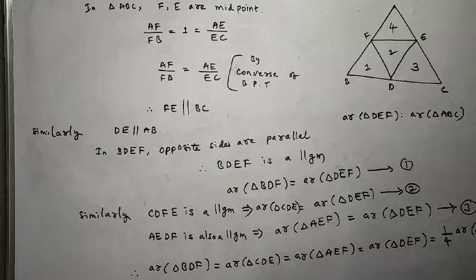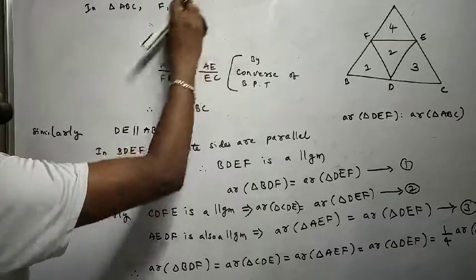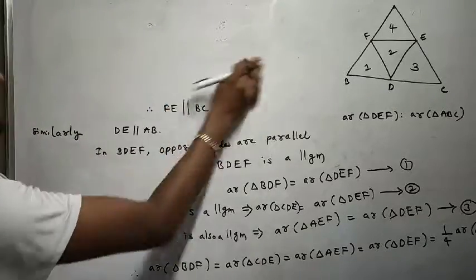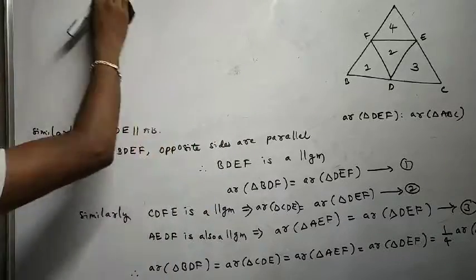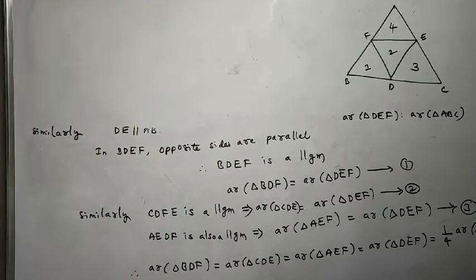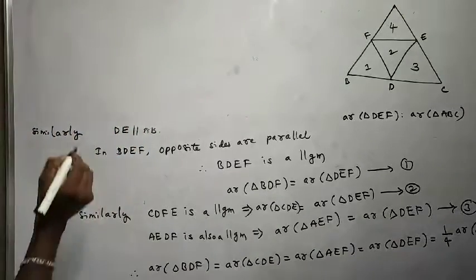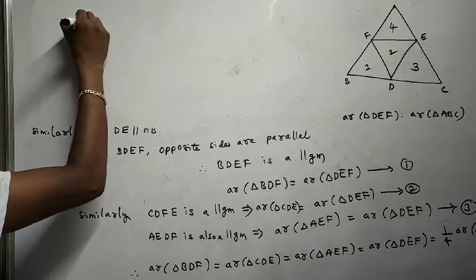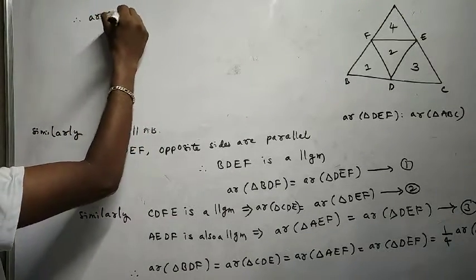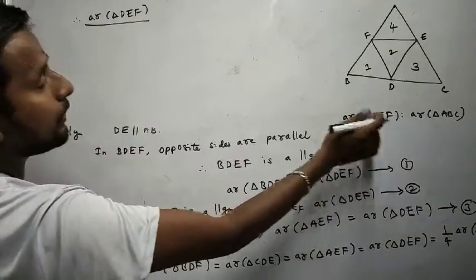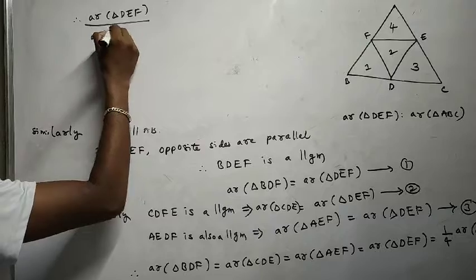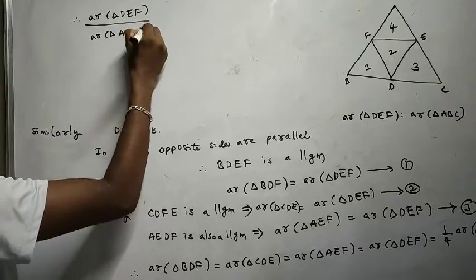Right. Now we should find the areas, right? So now, area of triangle DEF by ratio, correct? Area of triangle ABC, yes.